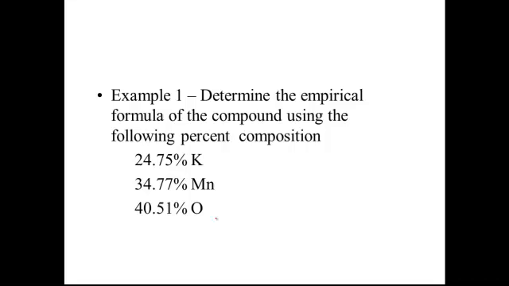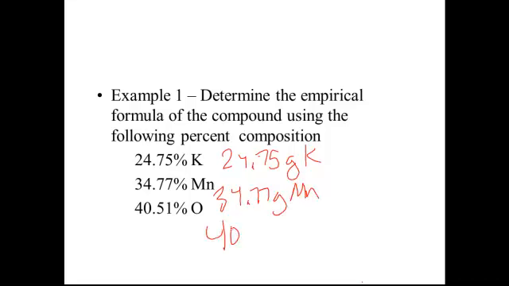So first thing we have to do: instead of percent, 24.75 grams of potassium, 34.77 grams of manganese, and 40.51 grams of oxygen. Okay, and now we're going to go to the periodic table. The mass of potassium from the periodic table is 39.1 grams in 1 mole.